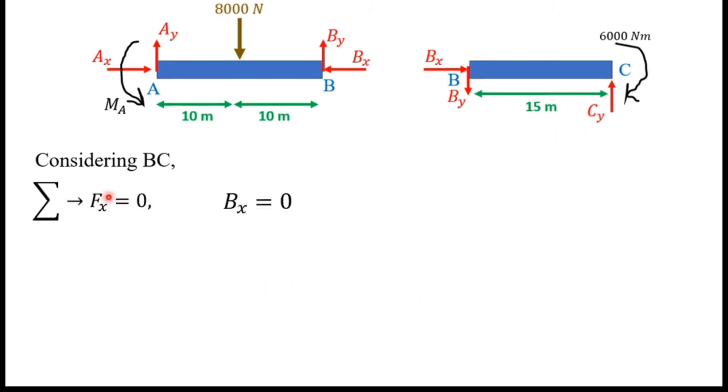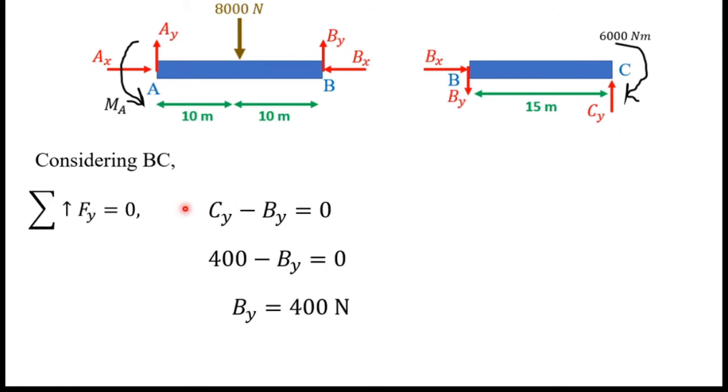Next, I consider horizontal forces, again for the BC part. I take the sum of all the horizontal forces. There is only one horizontal force, therefore BX equals 0. Now I know BX and CY. Next I consider the sum of all the vertical forces, again for the BC part.